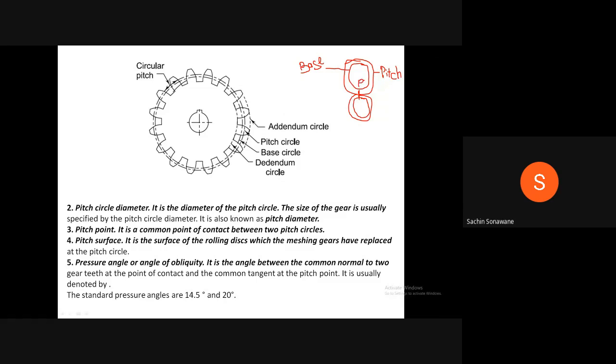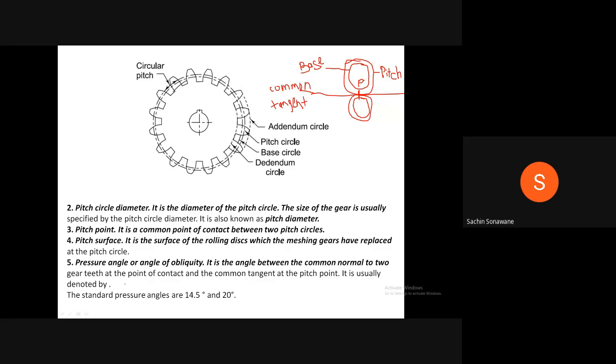This is the pitch point P. If I draw one horizontal line passing through the pitch point, this horizontal line is known as the common tangent.